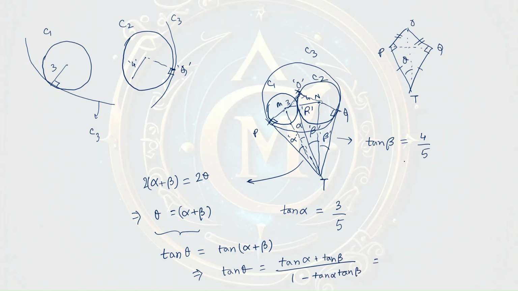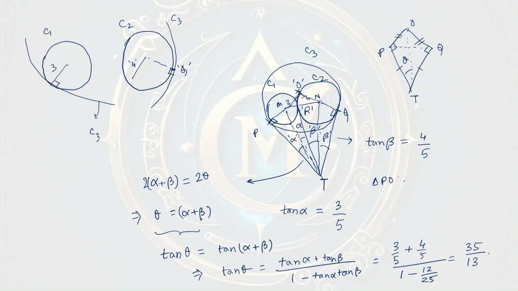And tan alpha and tan beta is already known to us, so this will be equal to 3 by 5 plus 4 by 5 divided by 1 minus 12 by 25. So this comes out to be 35 divided by 13.